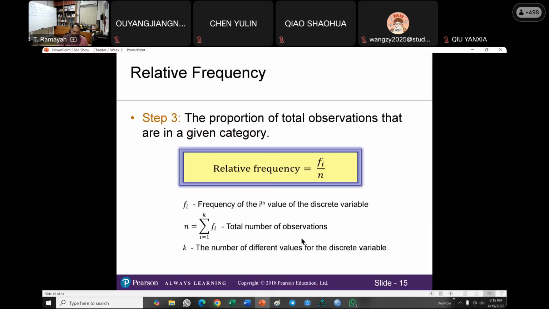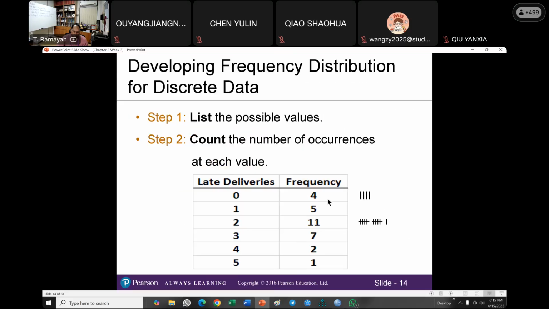When we total up the frequency, 4 plus 5 plus 11, 20, 20 plus 10 is 30. So 30 is the n. When we take each group, 4 divided by 30, you get your relative frequency.